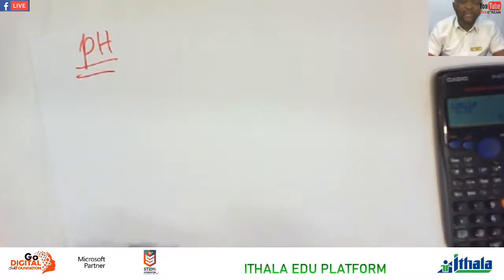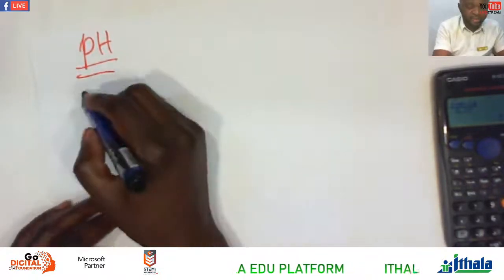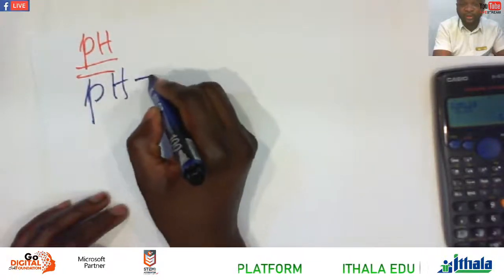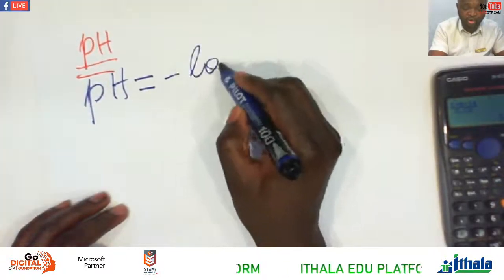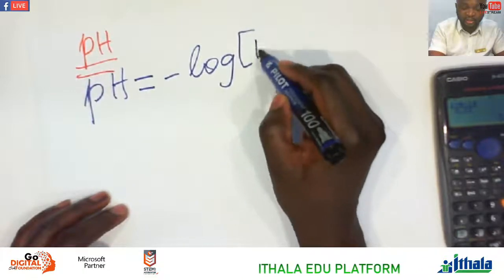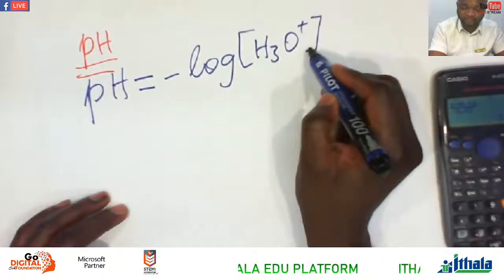And to calculate a pH we use this formula: the pH is equal to minus log of the concentration of H3O plus, right?